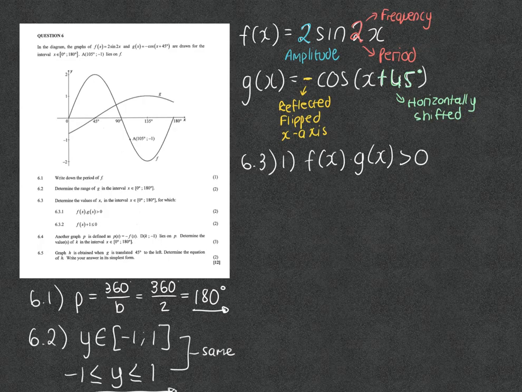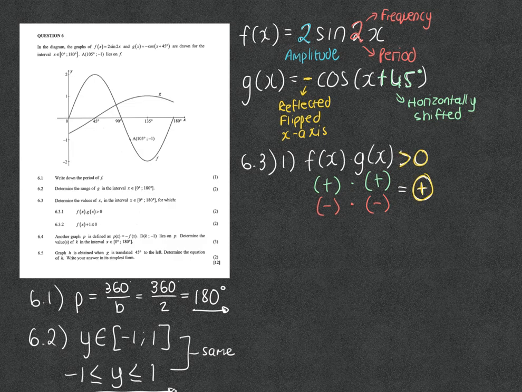So my scenarios here are either when that one's y value is positive and that one's y value is positive, or when this one's y value is negative while this one's y value is negative, because those give you positives. Now, why am I looking for positives? Because I'm looking for something greater than 0, which is always positive.